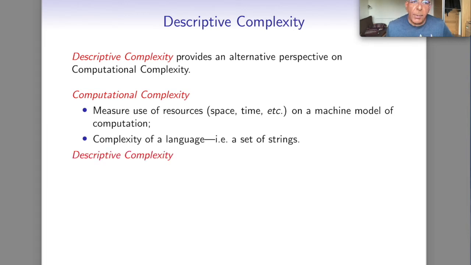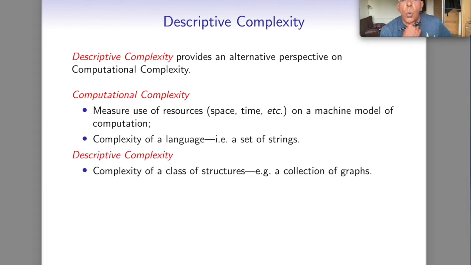In the context of descriptive complexity, we look at not a language as in a set of strings, but typically a class of structures, for example, a collection of graphs. So we might ask, what is the complexity of deciding whether a graph has a Hamiltonian cycle? This is a classic problem in computational complexity, but it's always formalized ultimately as a set of strings. We look directly at it as a collection of graphs.